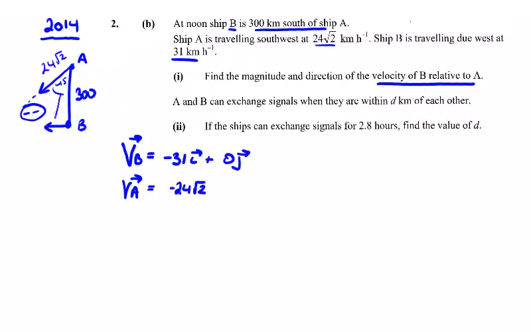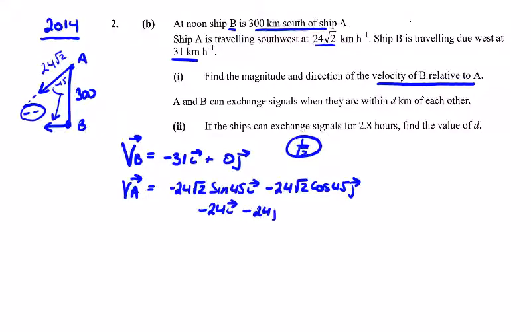And the i component is opposite the 45 here, so it's going to be sine 45. I know the sine and cos are the same here, but just get them right. Minus 24 root 2 by the cos of 45 for the j component. It's 1 over root 2 for the sine and cos of 45. So we just get minus 24 in the i direction, minus 24 in the j direction for the velocity of A.